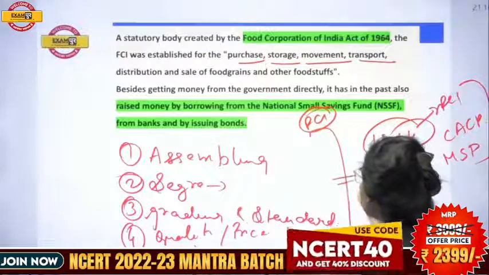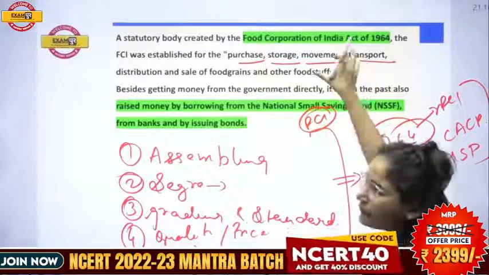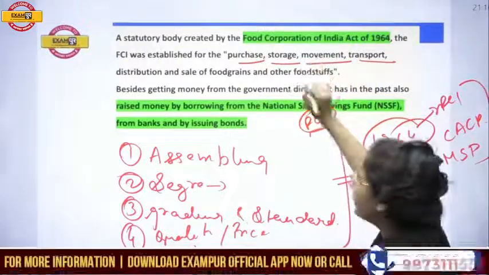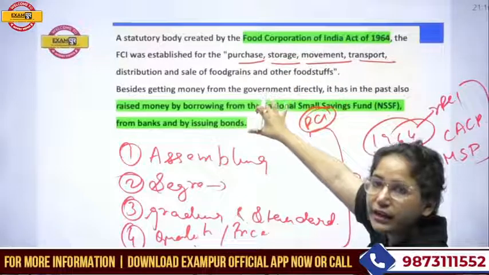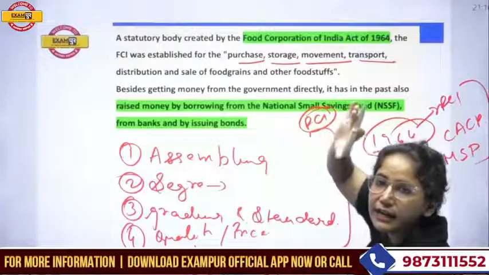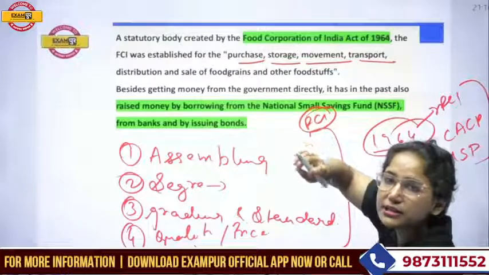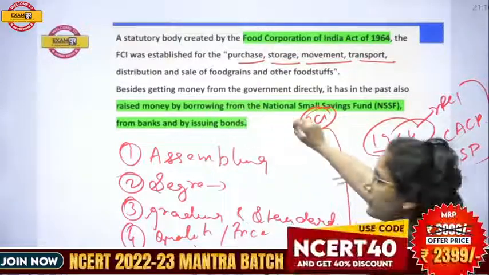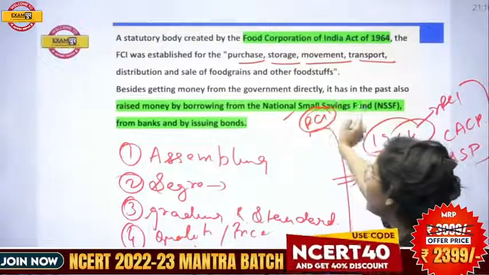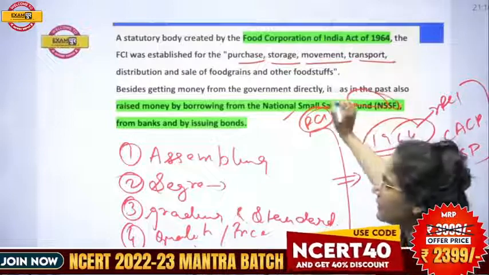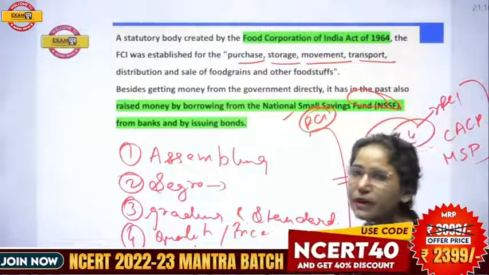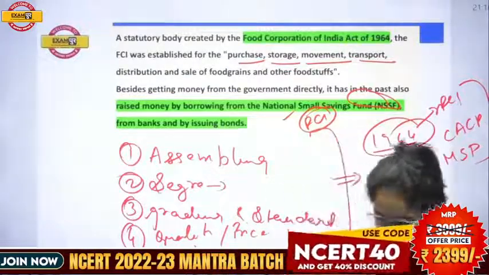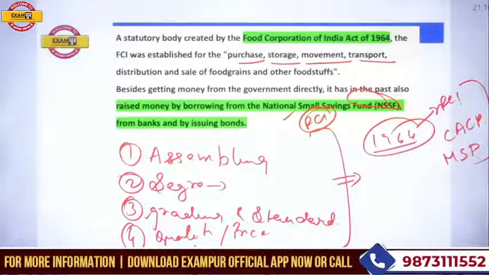The government allocates funds for the FCI every year. If they are not allocated, and there is a lack of resources, the FCI has the privilege to take borrowings from the National Small Savings Fund, from banks, or by issuing bonds.